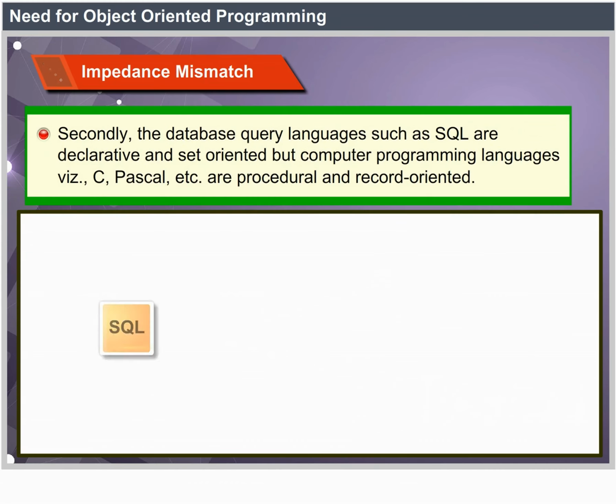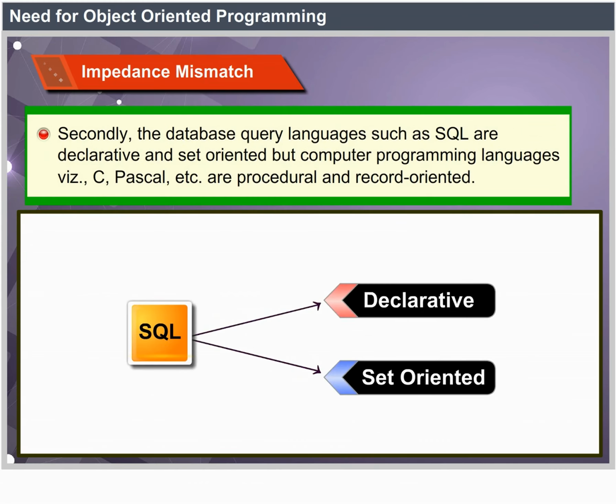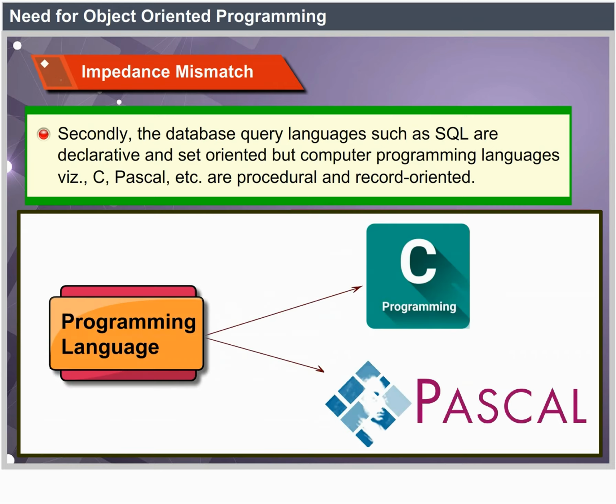Secondly, computer programming languages such as C, Pascal, etc. are procedural and record-oriented, whilst database query languages such as SQL are more declarative and set-oriented.